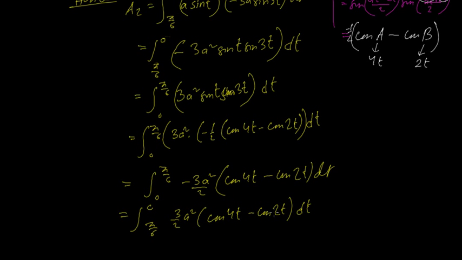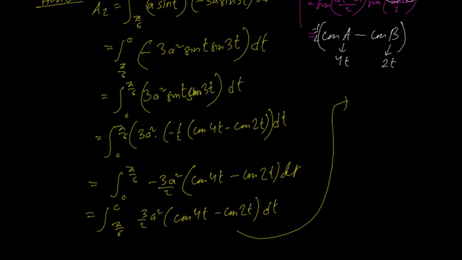So this is going to be, if you bring 3a square by 2 outside the integration, the integral from pi by 6 to 0 of cos 4t minus cos 2t dt.